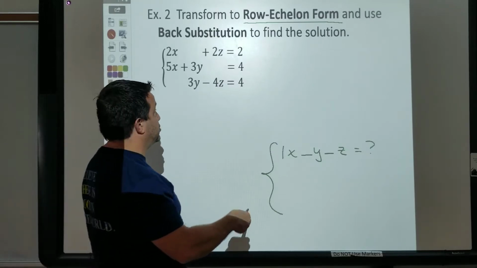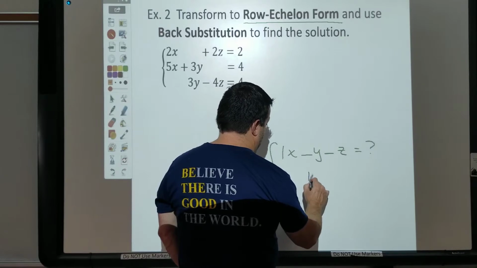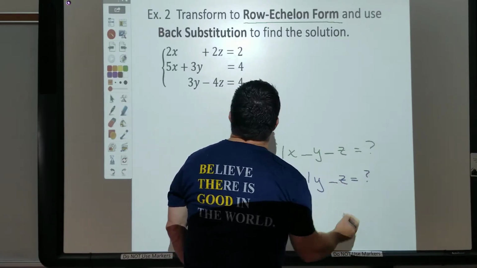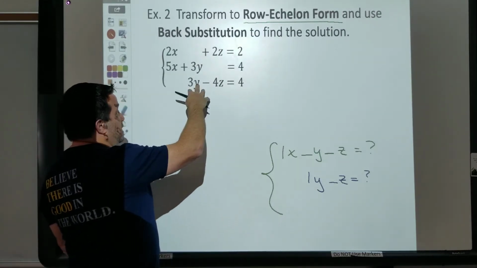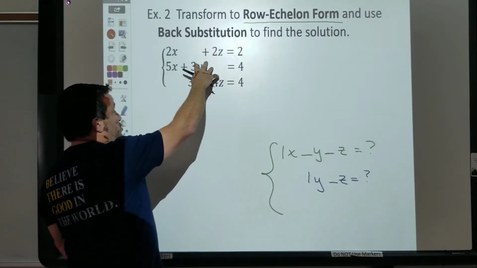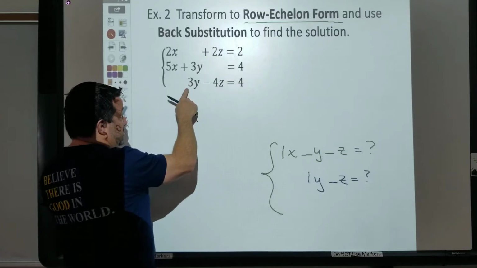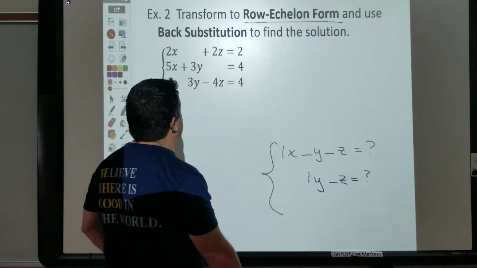The second equation needs to have y and z in it. So it needs to have a 1y and then something z equals some number. Now I do have an equation down here that has y and z. So if you wanted to, you could easily just move that equation to be your second equation. And that way you have a y and a z, and then it'd just be a matter of changing that to a 1. So that is something that you could think about doing.